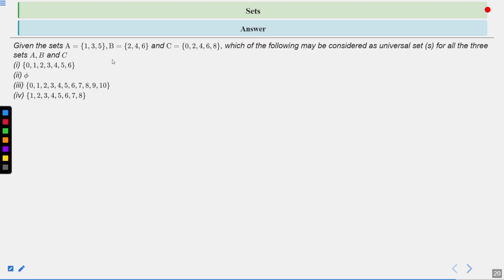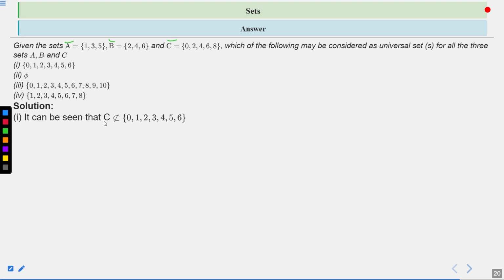So in question, we just have to choose the universal set. Solution. So first, this cannot be universal set because in order to be a universal set, all these 3 sets described in the question must be subset of that universal set.